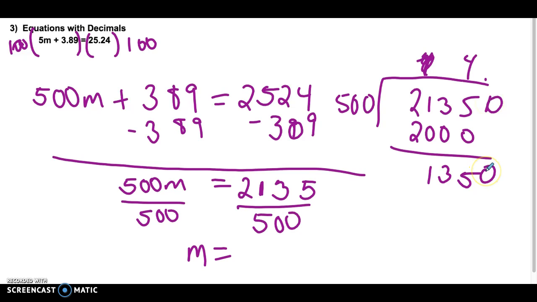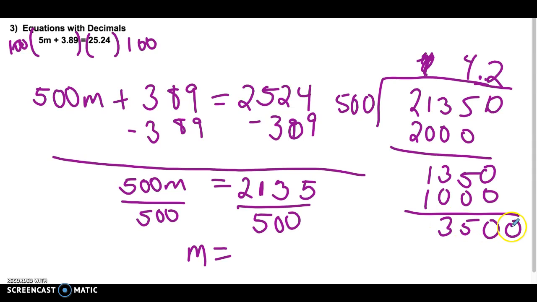Bring down 0. 5 goes into 13 twice. So that's going to give me 1,000. 3, 5, 4, 0. 5 goes into 35 7 times. So it's going to be 4.27. So m equals 4.27. There you go.